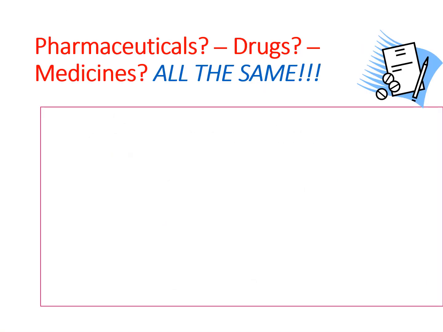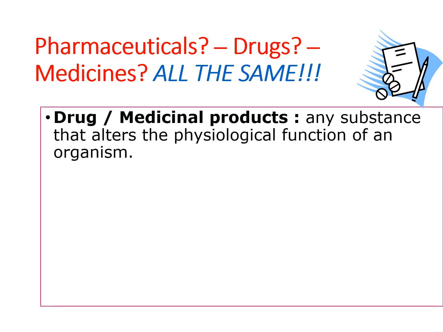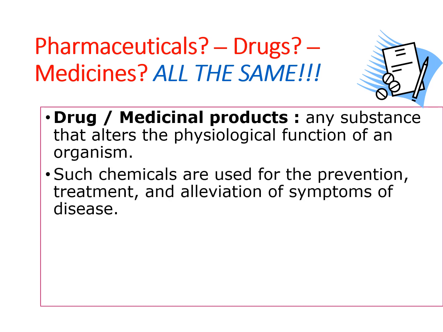I also want to pause at this point and take a look at the different terms that we use. So you would have heard of pharmaceuticals or drugs or medicines, and these are different names, but they all mean the same thing. So a drug or medicinal product is any substance that would alter the physiological function of an organism, which is how the body works.